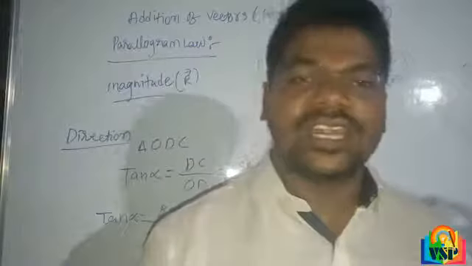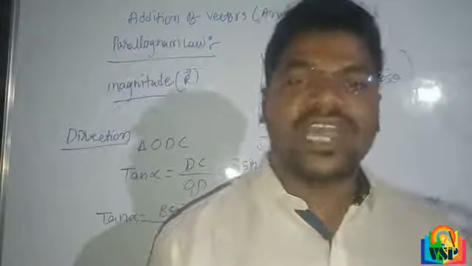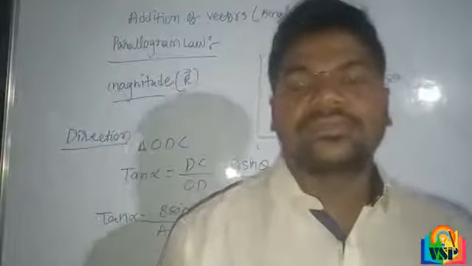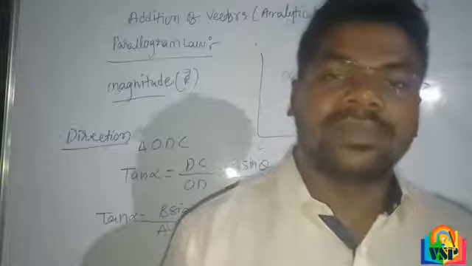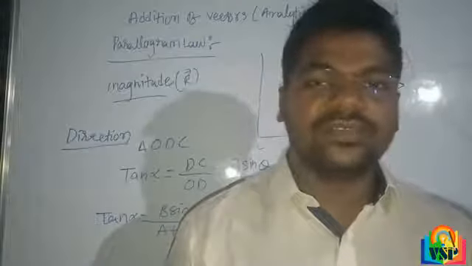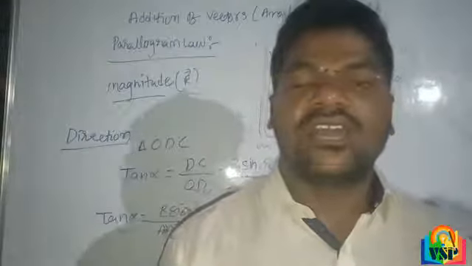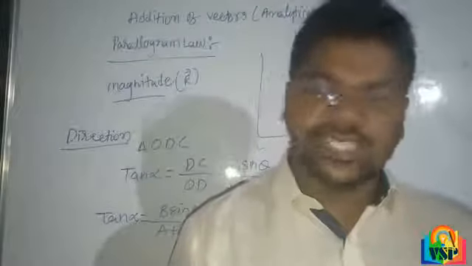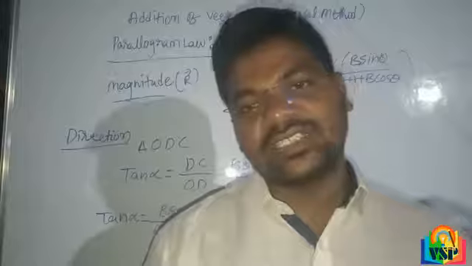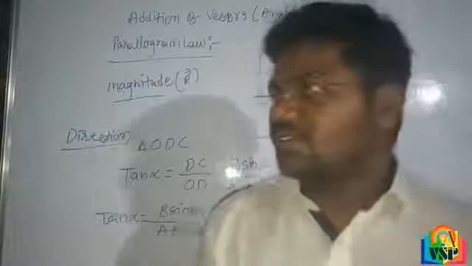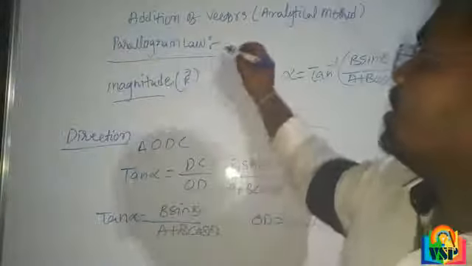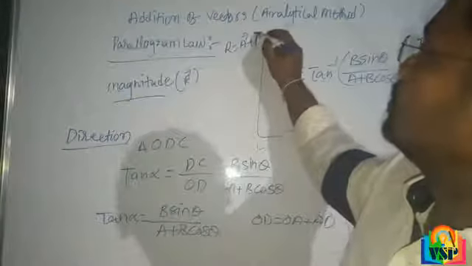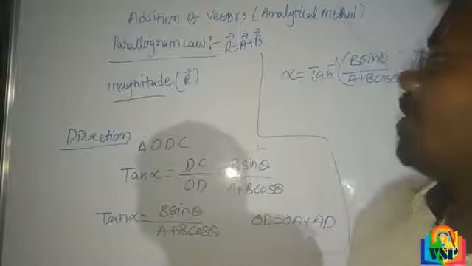If two vectors are represented in magnitude and direction by two sides of a parallelogram, then the diagonal drawn from the origin gives the resultant of both vectors in magnitude and direction. So R bar is equal to A bar plus B bar.